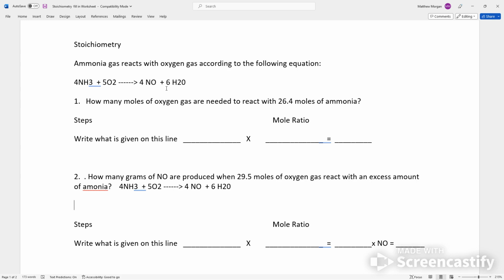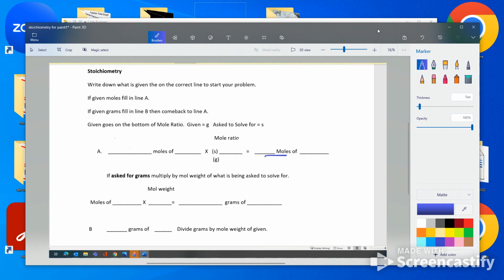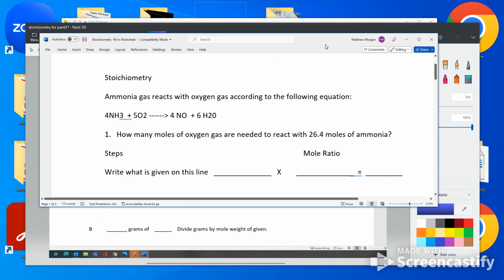They give this to you, and I got right down here this step, which is great, but we're also going to use this step. On here, we're going to take 4 moles of ammonia and 5 moles of O2, and it goes to 4 moles of nitrogen monoxide and 6 moles of water.